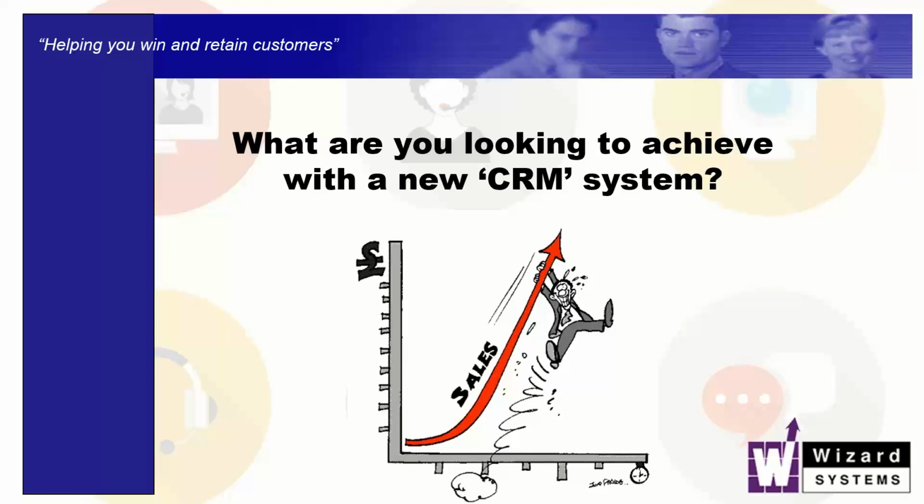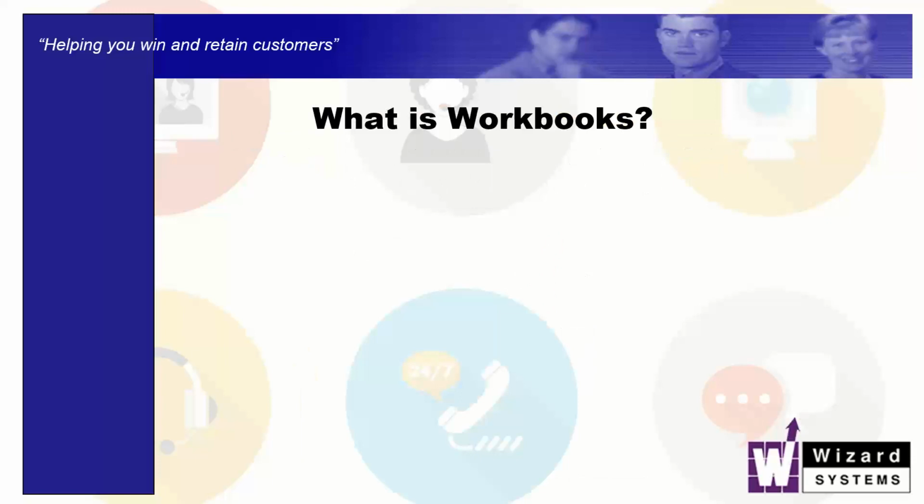Or maybe you're wanting to improve marketing or the way that you do quotes and tracking your sales. Might be a combination of all of those. So when we first start dealing with you, those of you that haven't worked with us before, that's our approach, is really trying to find out what you're all about and what you need. What's the ROI? What do you want from this Workbooks solution?